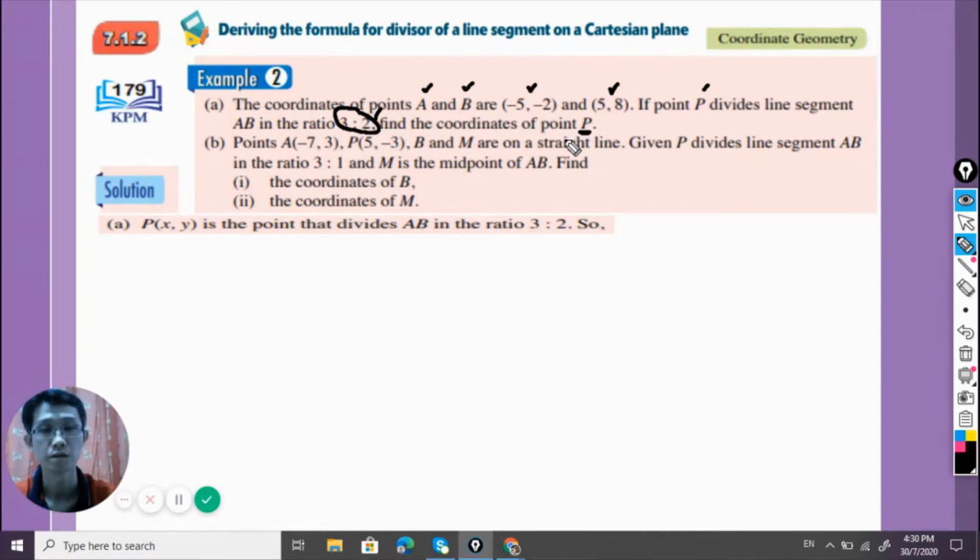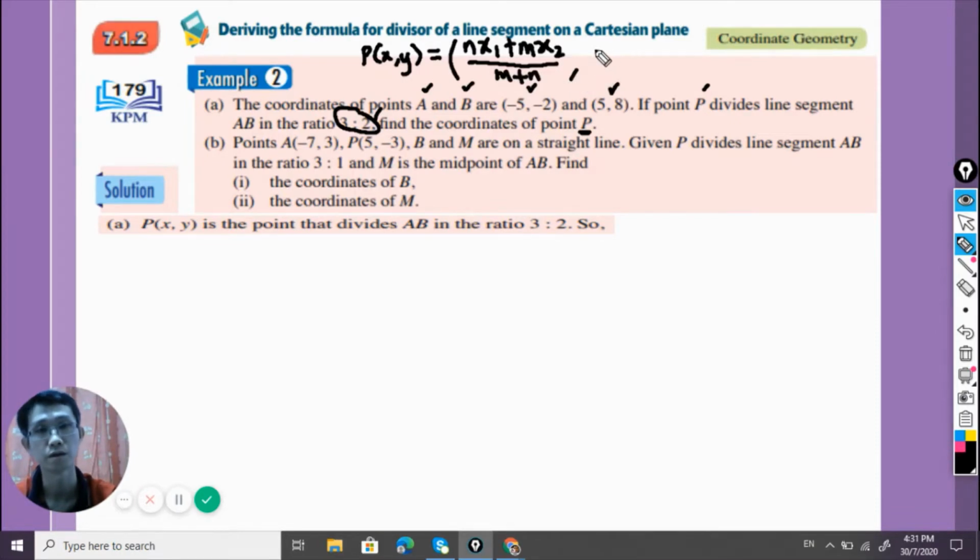Do you still remember the section formula that we have done in the previous lessons? Can you recall the formula? So what is the formula? The point P(x, y) that divides the line segment is given by x equal to n multiplied with x1 plus m multiplied with x2, over m plus n.